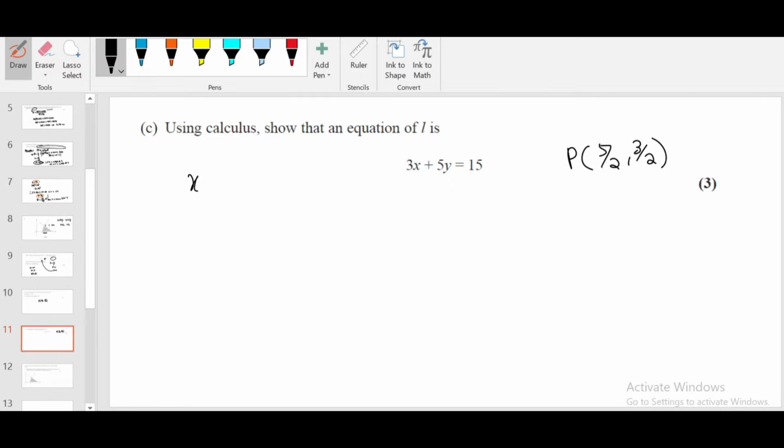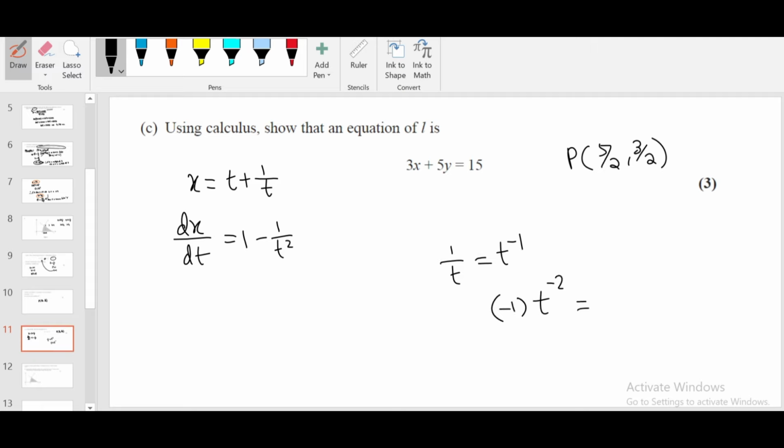We know x is t plus 1 over t. Find dx by dt. t becomes 1, 1 over t becomes minus 1 over t square, because 1 over t is equal to t power minus 1. When you differentiate, you will get minus 1 t power minus 2, which is minus 1 over t square. Okay. And then dy by dt.